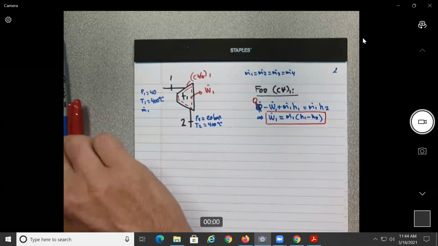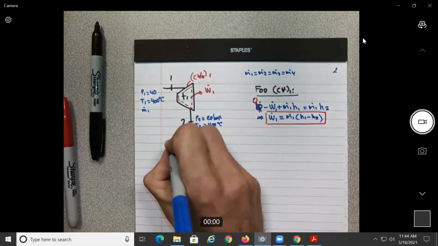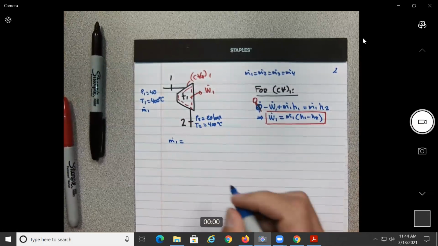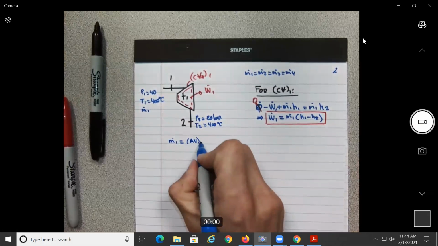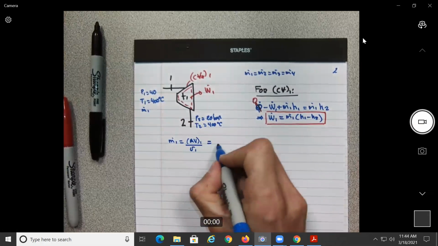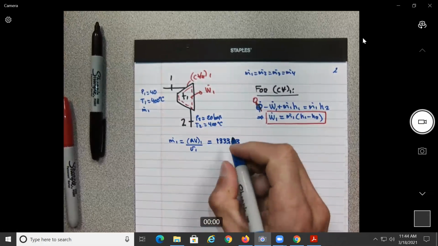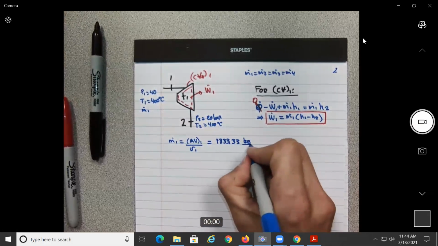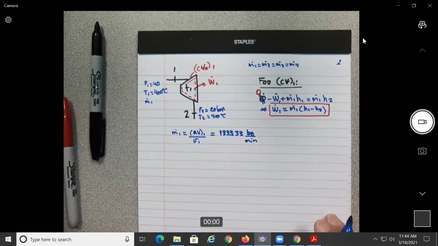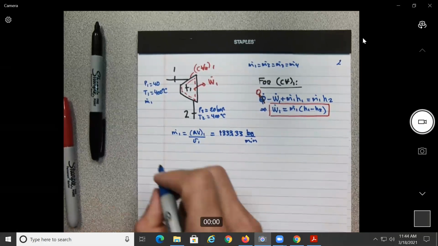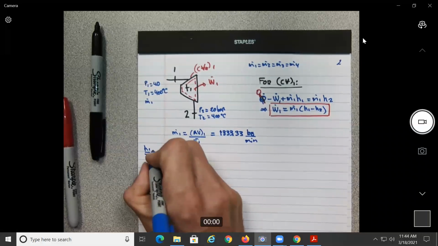Okay, so let's look at the values. So what is M dot 1 equal to? We know it's equal to A V. Oh, we already know what it is, no? Sorry, it is given to us: 1,333.33 kilograms per minute. Okay, it's given to us. So now, how can we find H1 and H2?